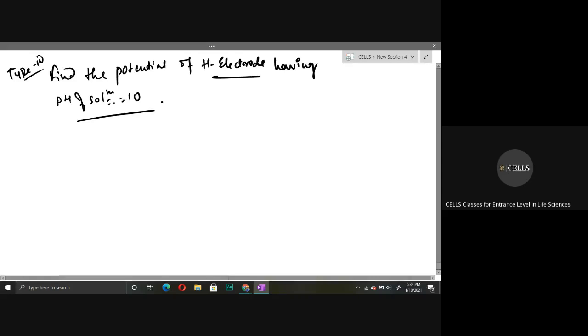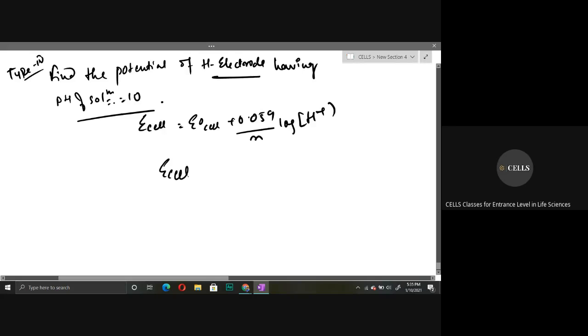So this is a very straightforward question. E cell will be equal to E0 cell plus 0.059 by n log H plus. First, the standard hydrogen electrode value is 0. So E will be equal to 0.059, n is 1, log of H plus, gives minus 0.059 into minus log of H plus, which is pH.